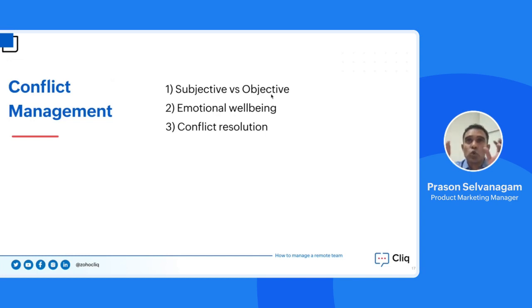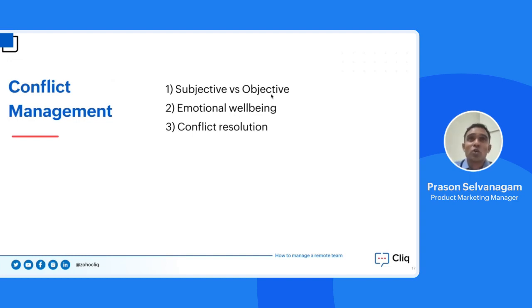If these two groups of people have arguments, we'll never find common ground, because one person is going to talk emotionally, guided by emotions, and one person is going to be guided by data points and facts and figures. So when conflicts arise in such a situation, as a team manager, we have to find a way of moving people from their subjective idea point towards an objective thinking process.